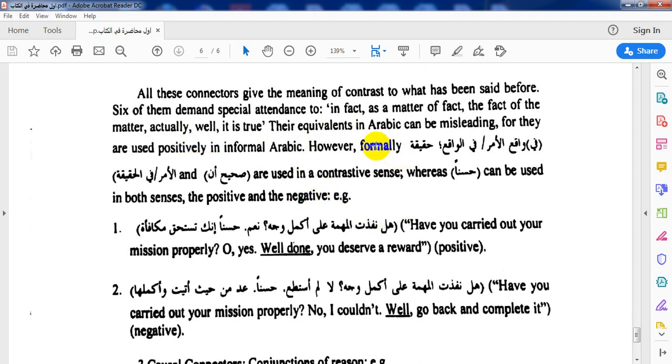However, formally, this is informal. Formally, في واقع الأمر، في الواقع، حقيقة الأمر أو في الحقيقة and صحيح أن are used in a contrastive sense.